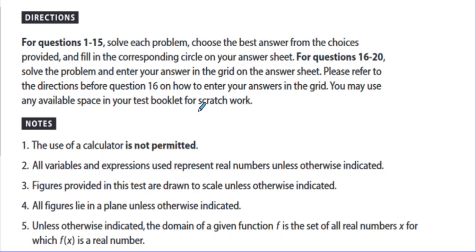Not first problem, I'm sorry. Let's talk about the instructions real quick. No calculator permitted. There is going to be a reference sheet available to you, which I'll show you in a second. The main important thing here, you can read through these yourself, but this third one says figures provided are drawn to scale unless otherwise indicated. What that means is for any geometry problems that we come across, if something looks like a right angle or looks like an obtuse angle, it probably is.